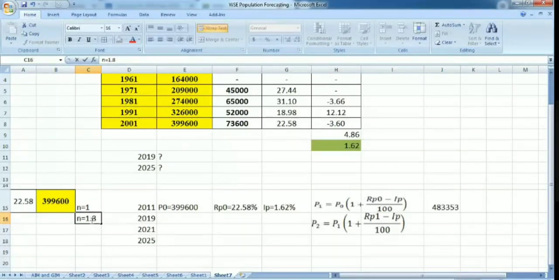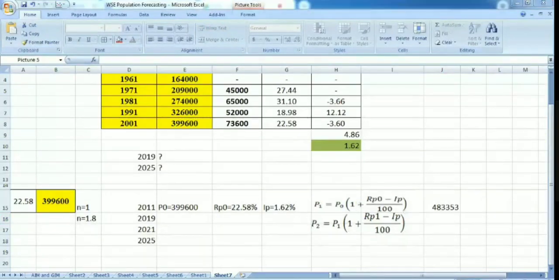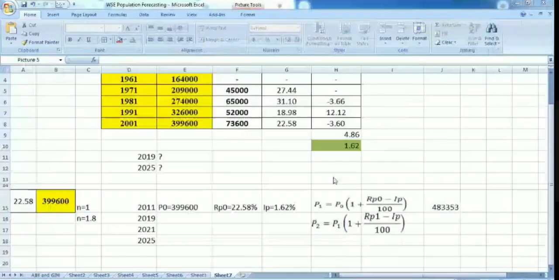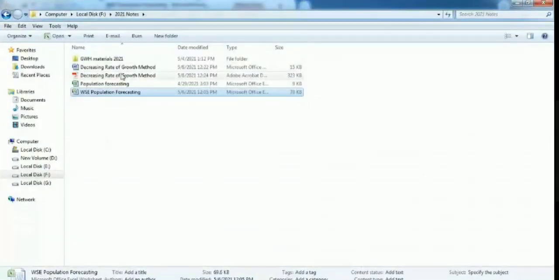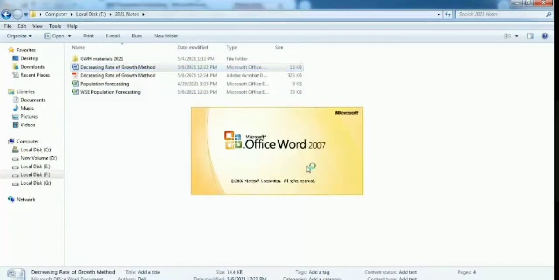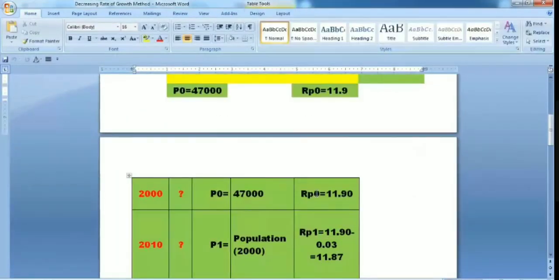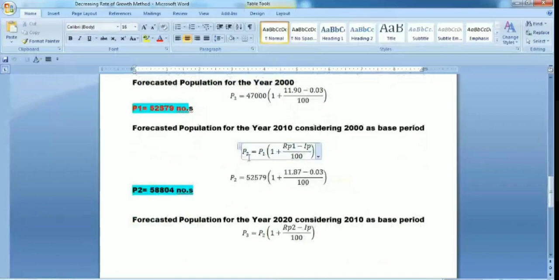That means you are not calculating P2 here. Now I need to write the equation for this.